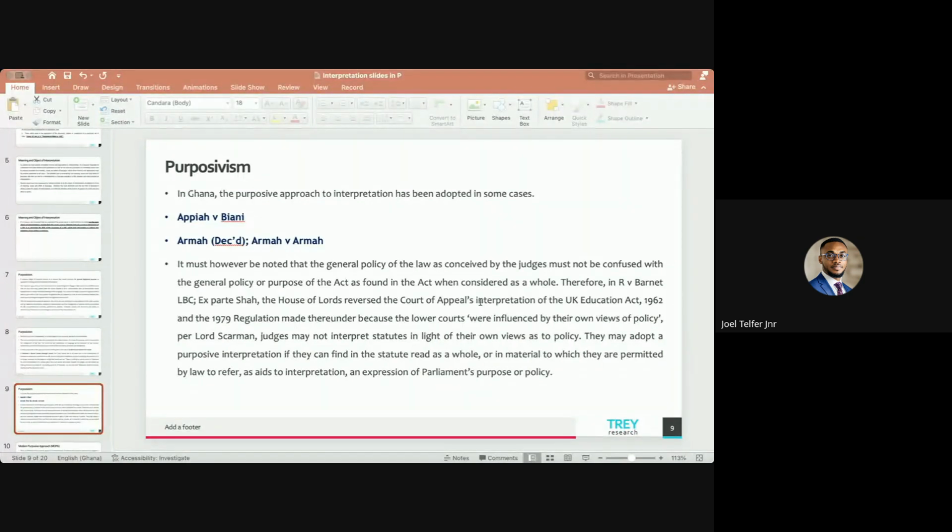But to the extent that the judge is required to stick to certain tools in respect of outlining the true legislative intent, I think that there's a way in which we can cushion and ensure that at the very least we have some baseline with which we are working. And so judges cannot go on their own frolic and replace the legislative intent.